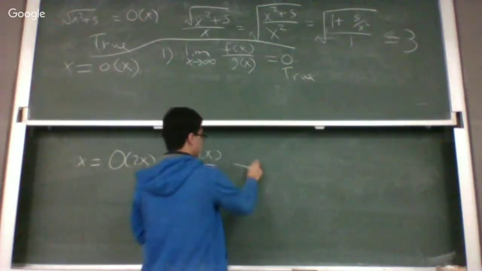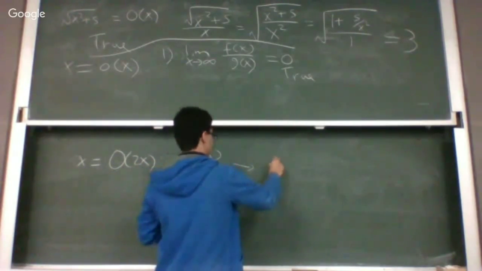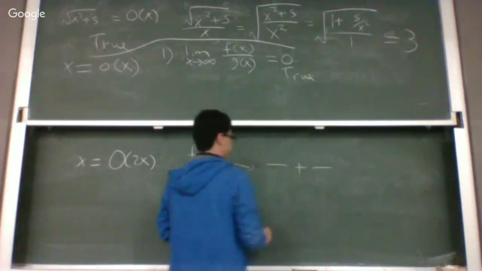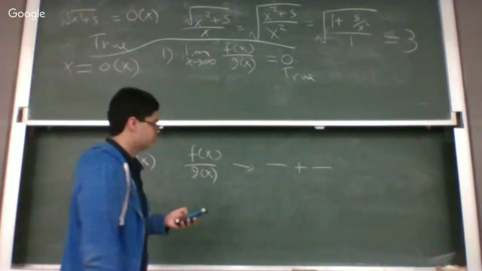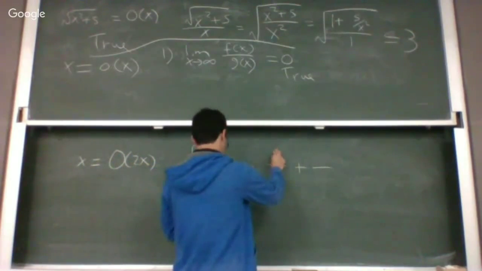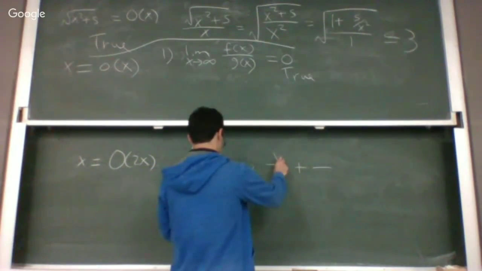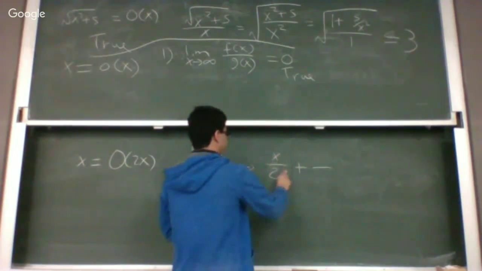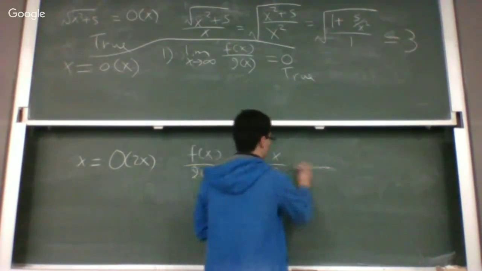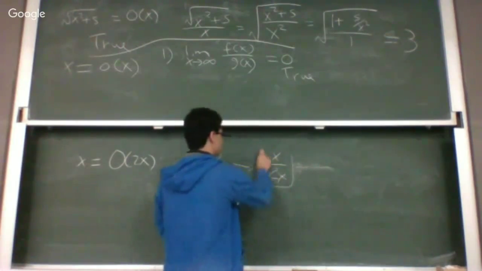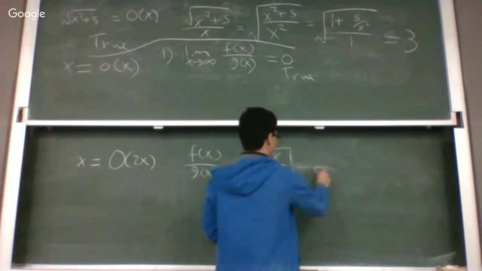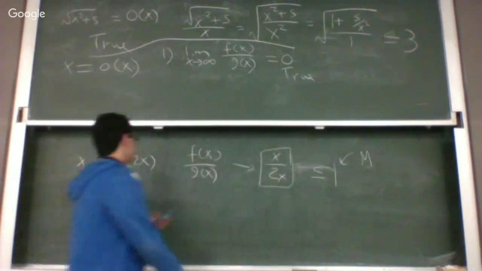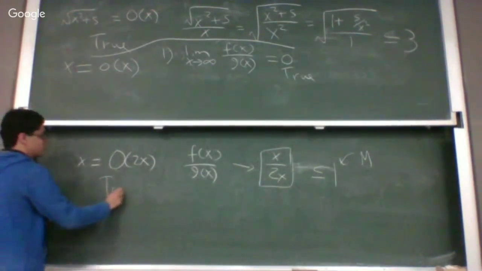You try to separate it into 2 fractions, so you have some number plus something like that. For this we had just x over 2x. And we know this is just like one quantity. So we can go ahead and say less than or equal to 1 and say this is our m. And then we know it's true since it's not equal to 0.